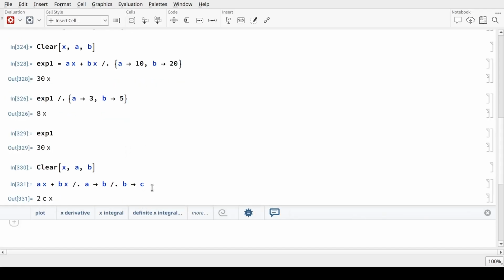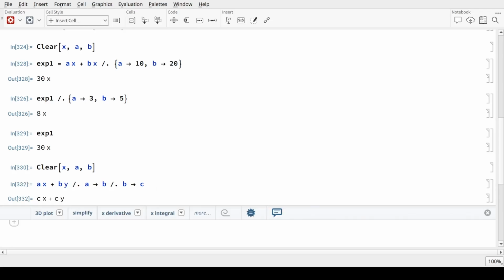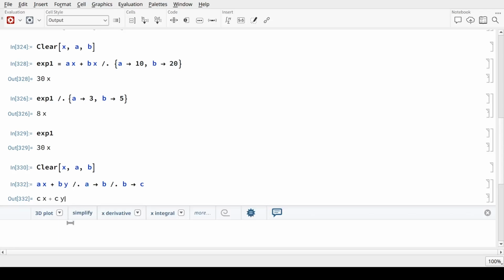And so the reason we get cx plus cy is that first, b is c, right? This evaluates first. Then this b becomes c, and a then becomes b, and as a result a and b are c.